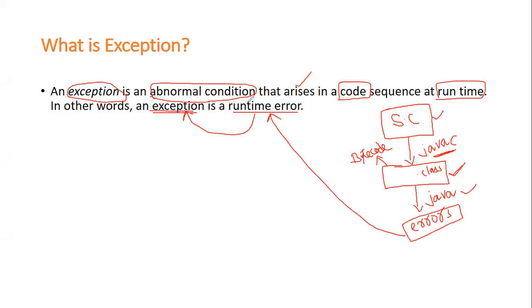When you compile the program, you won't get any errors. You'll get a dot class file. But when I run the program at runtime, I'm going to get errors, and we call these errors runtime errors. An exception is nothing but a runtime error.